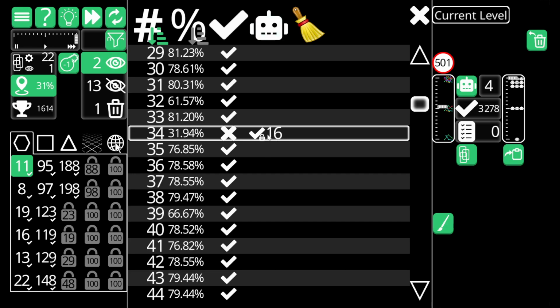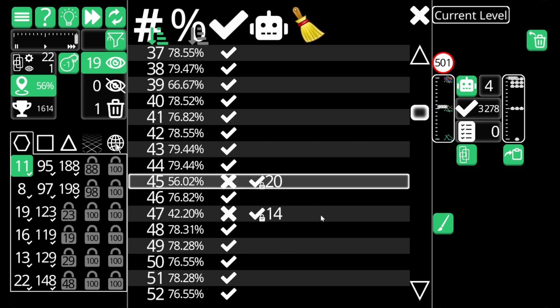16? What does this mean? Checkmark lock 16? I don't have any idea what that means, but maybe it found 16 regions when the robots tried to solve it? I don't know. Let's move on to the next level in this area I haven't solved.